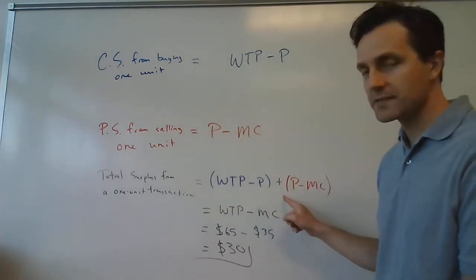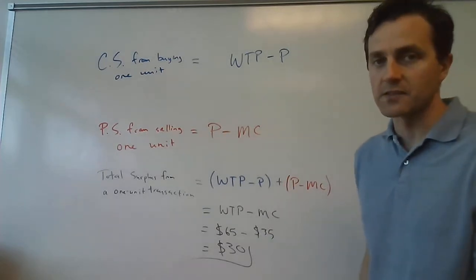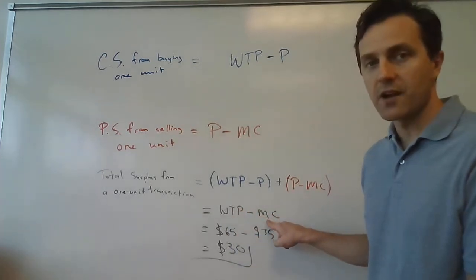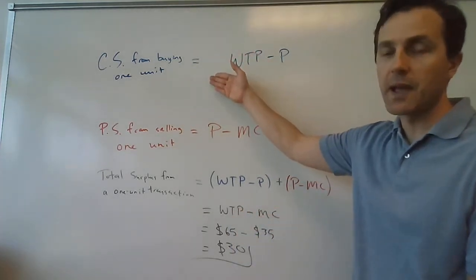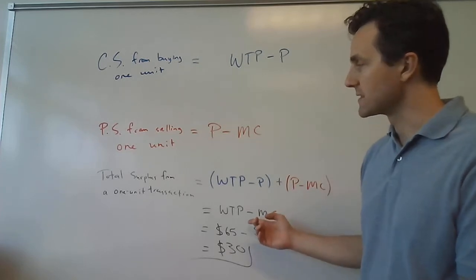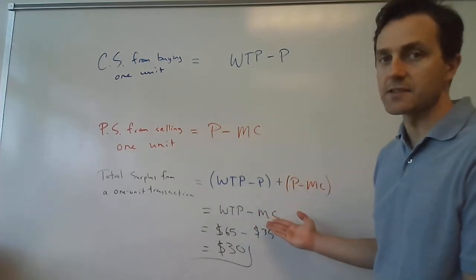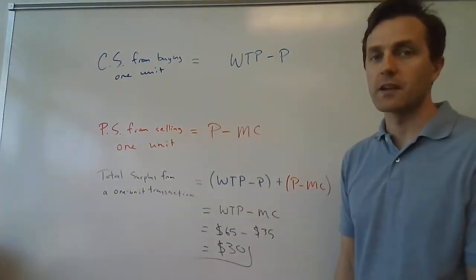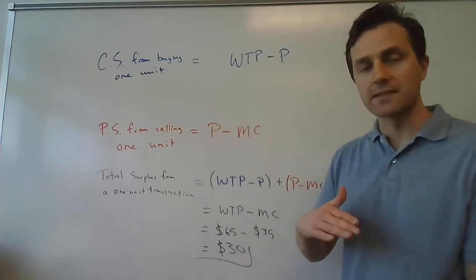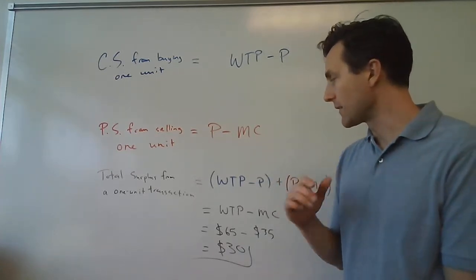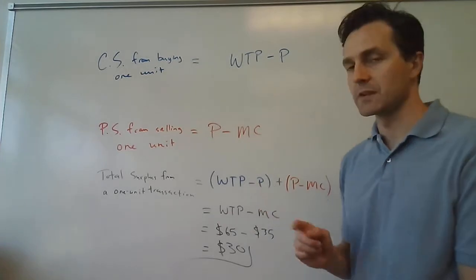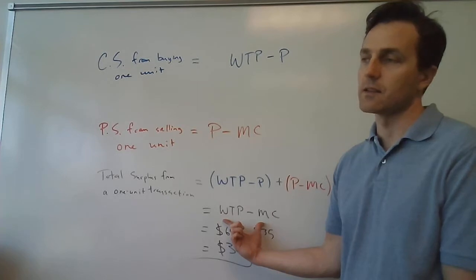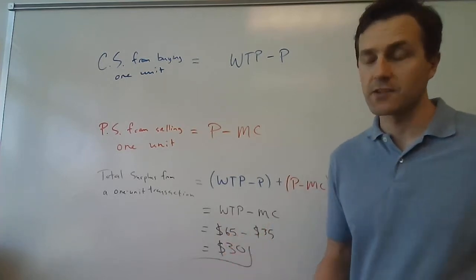So we're subtracting price and then adding price, which means the price essentially just cancels. What we're left with is the willingness to pay minus the marginal cost. So how much is the buyer willing to pay minus the cost to the seller of selling it. That is the amount of the total surplus. It doesn't matter what the price is, as long as they agree to a price somewhere between their marginal cost and willingness to pay, the total surplus will be this. The total surplus from the one transaction doesn't depend on the price.